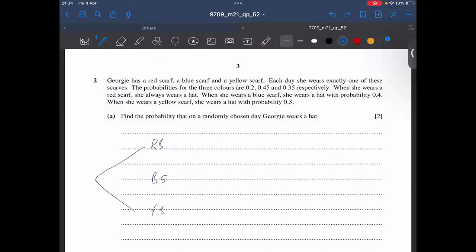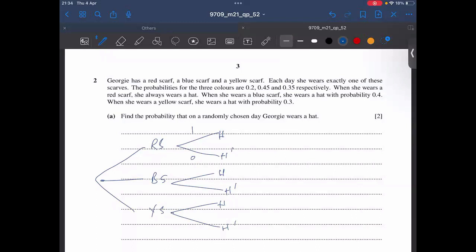When she wears a blue scarf, she wears a hat with probability 0.4. Hat and not hat. So the probability that she wears a hat along with a red scarf is 1, and not hat is 0.